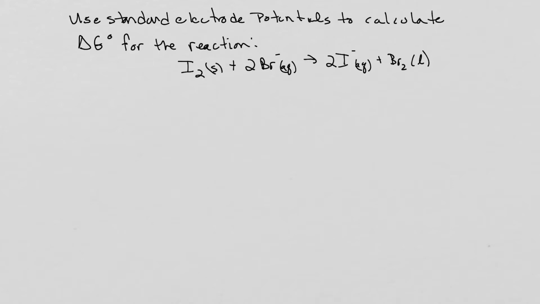If we want to use the connection between cell potentials and free energy, our appropriate equation here is delta G standard state equals negative n F E cell.